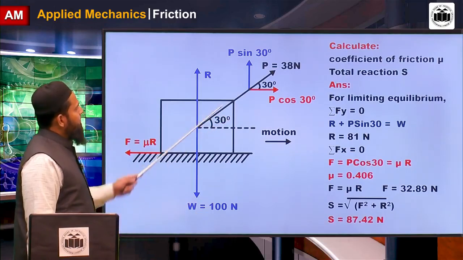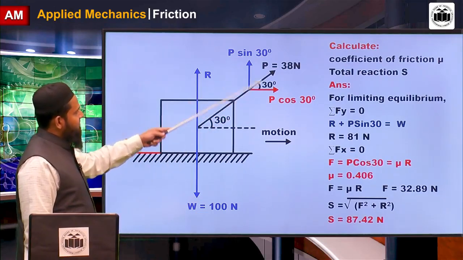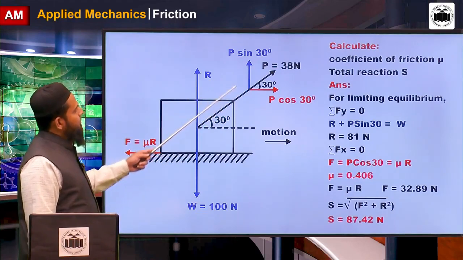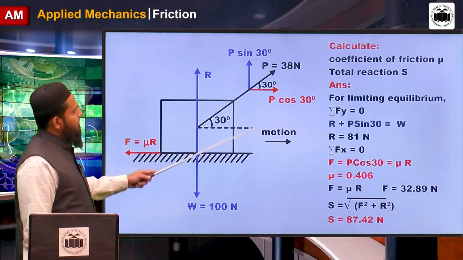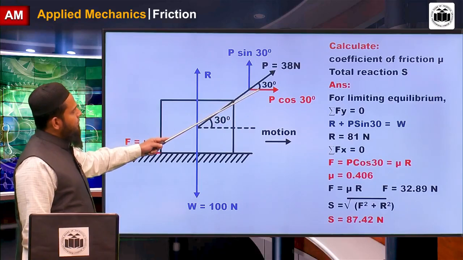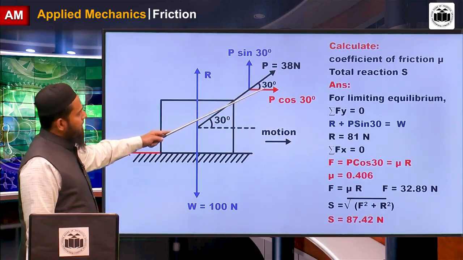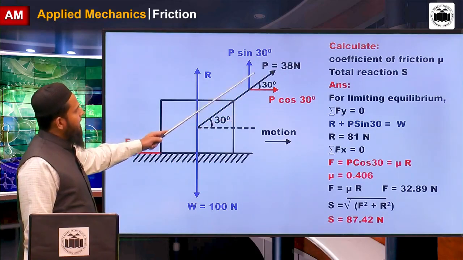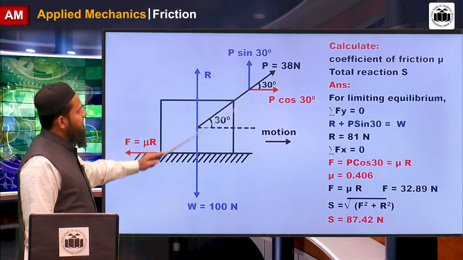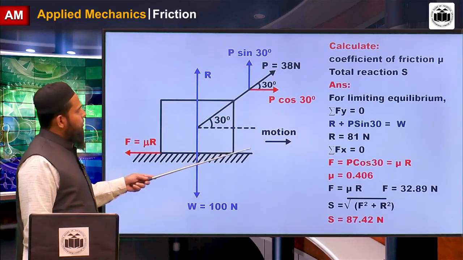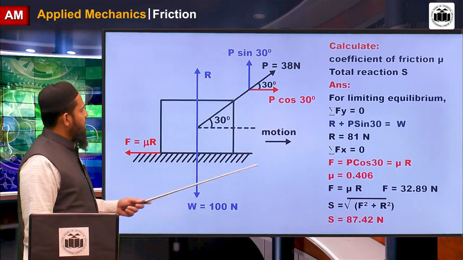Students make mistakes here in the resolution of the forces. Adjacent to P is P cos and the remaining is P sin. Motion is in this direction.